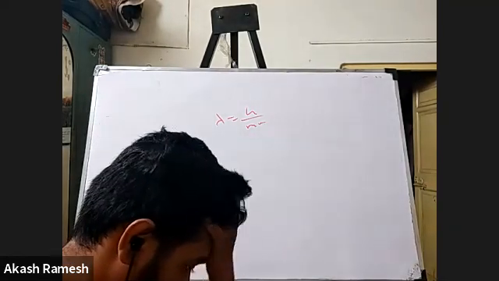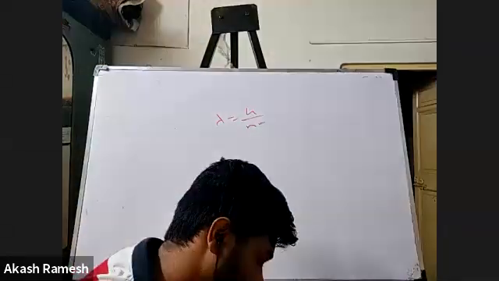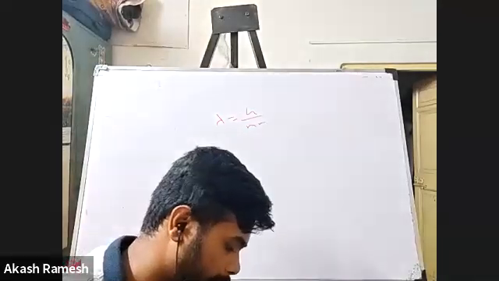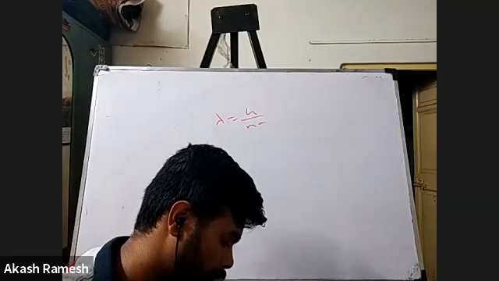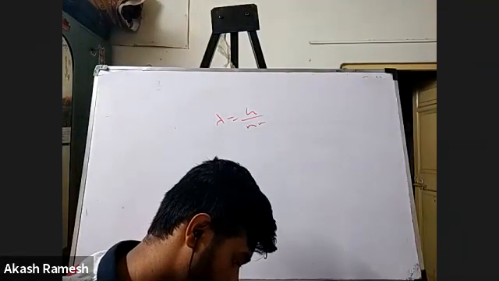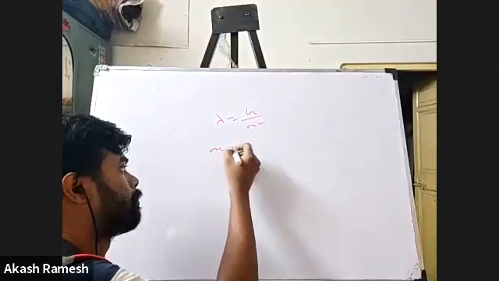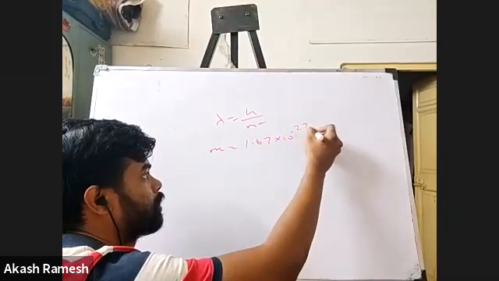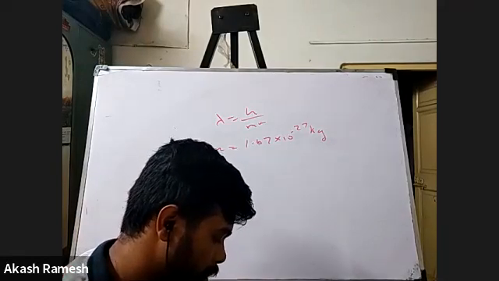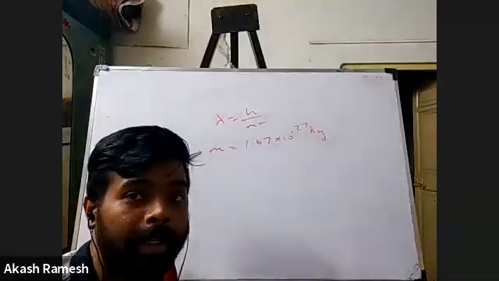Okay, take the question. Find the wavelength associated with a proton of mass 1.67 into 10 to the power minus 27 kgs, and moving at a velocity of 1 into 10 to the power 3 meter per second.